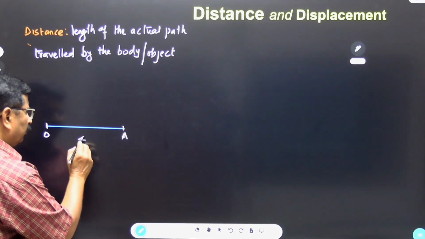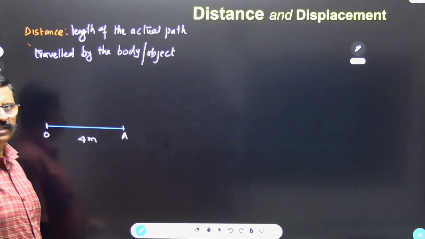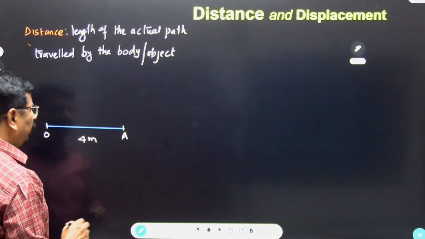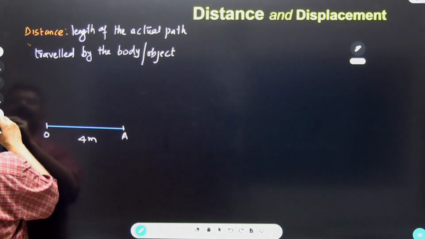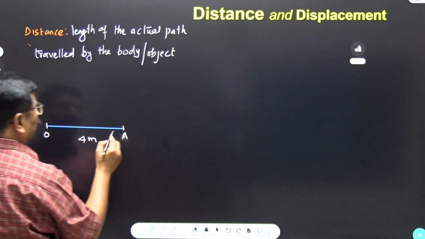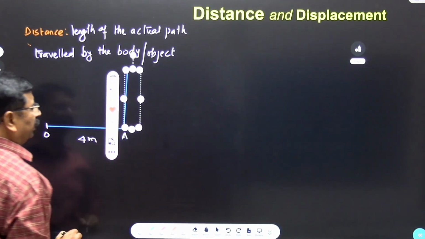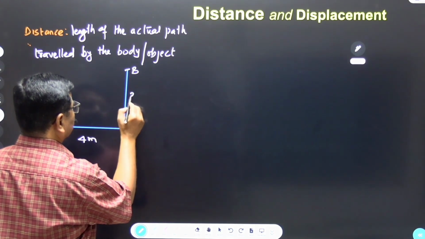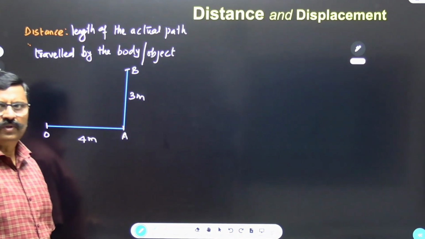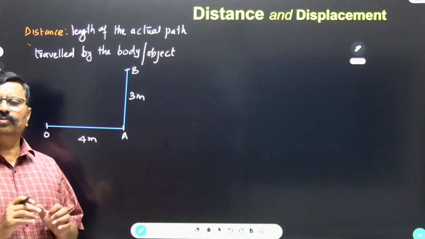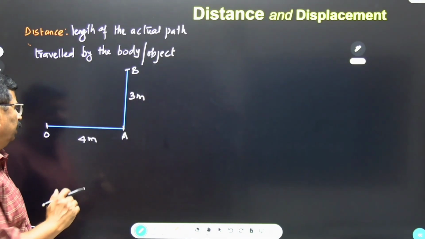Suppose the object covers 4-meter distance till A, and then the object moves 3-meter perpendicular to this direction. This is point B, so this is 3-meter. Then what is the length of the actual path traveled by the body?